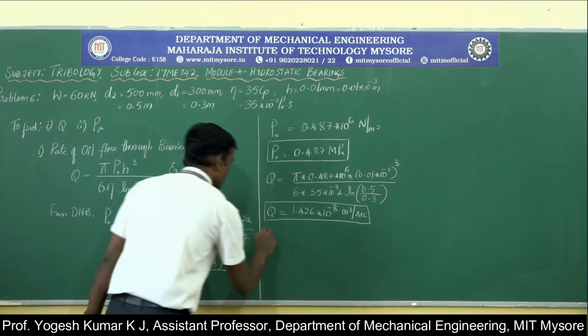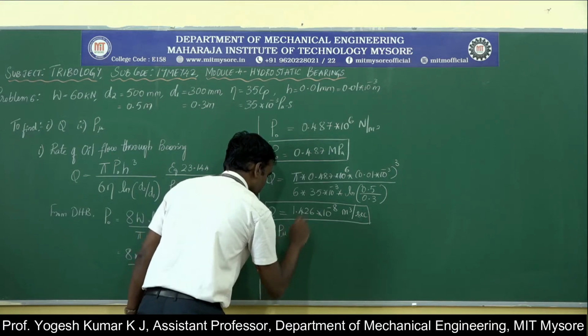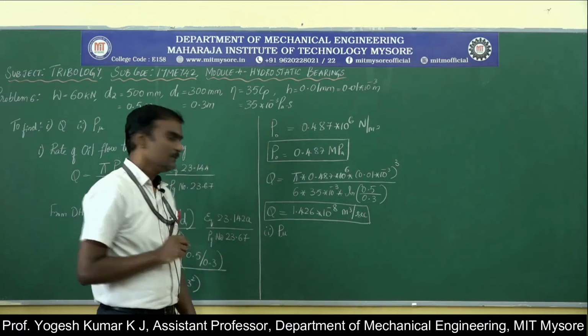Let us move to the second sub question, that is power loss. Power loss due to viscous friction is given by P mu.